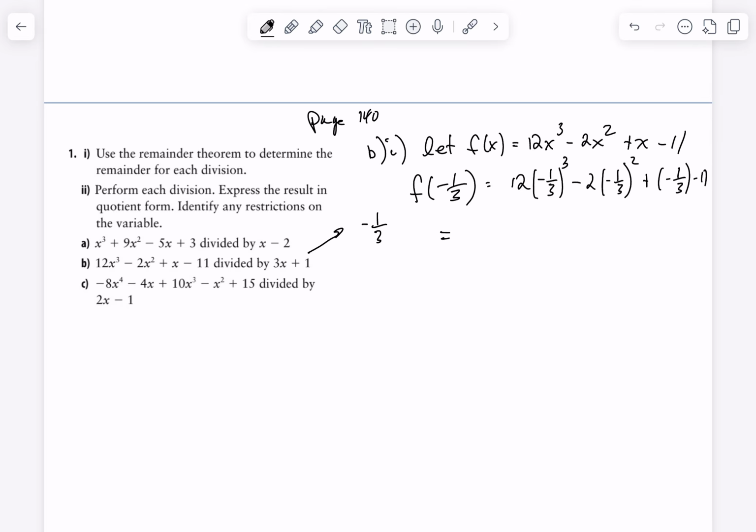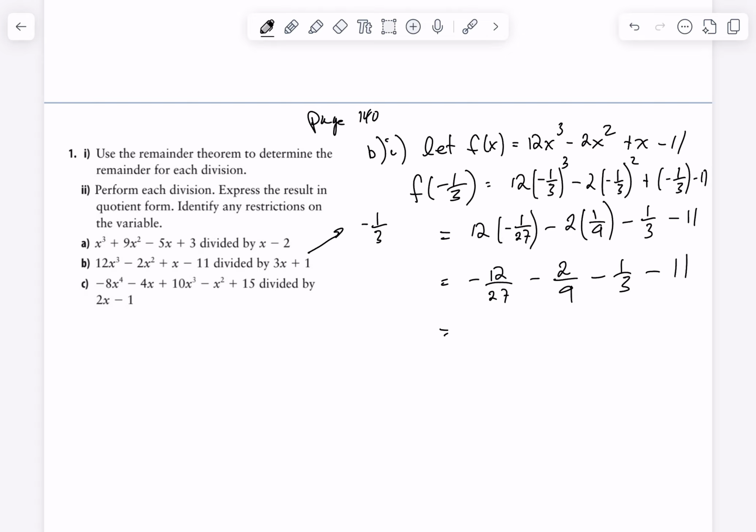Okay, so 12 multiplied against negative 1 over 3 cubed, which is 27, minus 2 times 1 over 9, and then minus 1/3 and then minus 11.